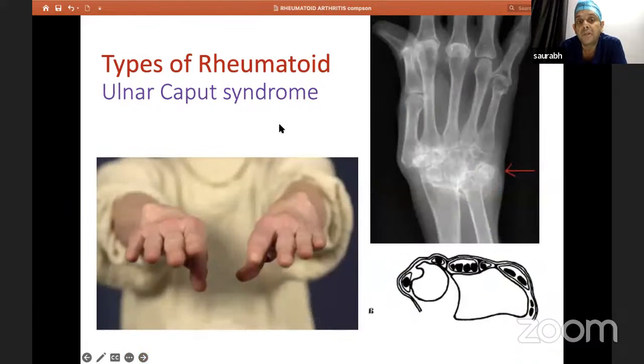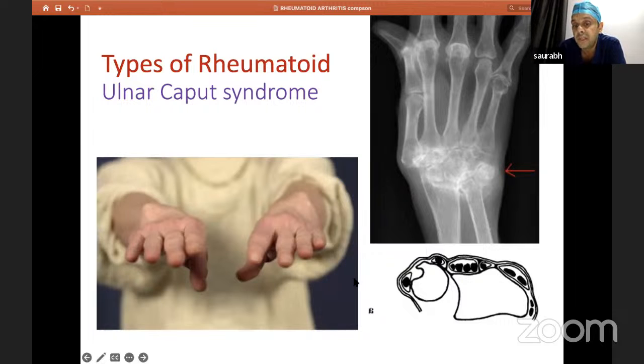Then ulnar caput. So what is ulnar caput? Again, like with any joint, when rheumatoid attacks the DRUJ, if I draw your attention to the bottom right picture, your ligaments start to erode. Once your volar DRUJ ligament erodes, the ulnar head will tend to sublux or dislocate dorsally.